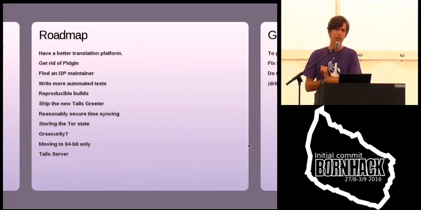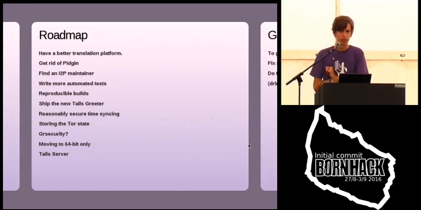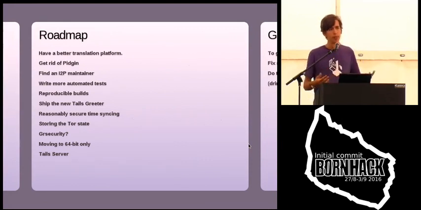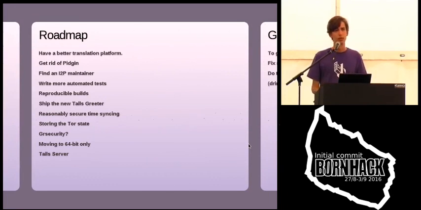Another one is that we would really like at some point to store the Tor state, which means that because you are amnesiac, if you don't set up persistence, then you connect to a random guard node every time you connect to the internet. And that might mean that at some point you might connect to a bad guard node, and there's no way for us to prevent that at the moment. And there are some attacks, like replay attacks, where you could replay the consensus.